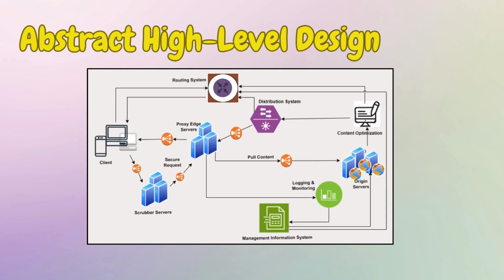The next step is to come up with abstract high level design. In this step, we develop an abstract high level design that identifies various system components while adhering to the single responsibility principle. This step provides an overview of the system architecture and helps in understanding the interactions between different components.